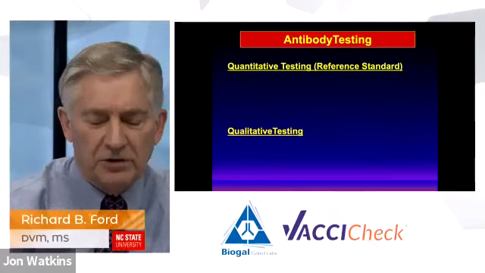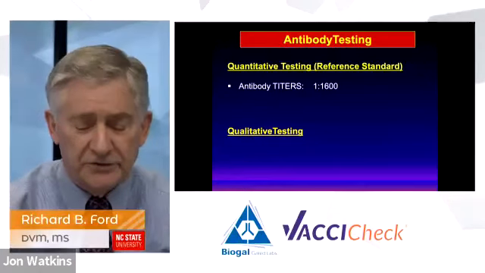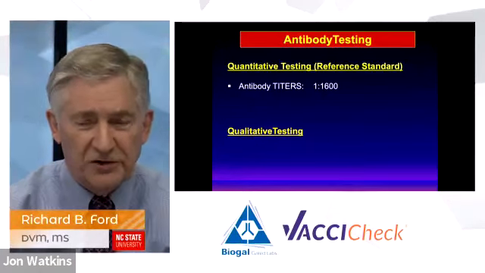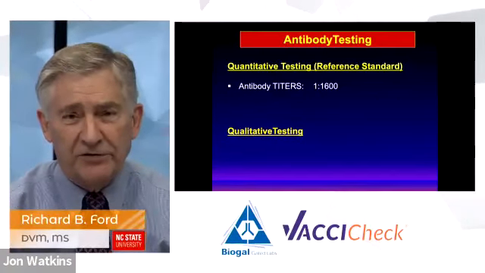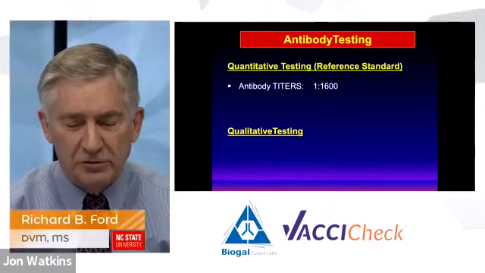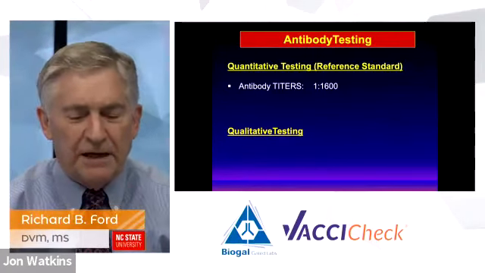When we refer to quantitative testing, we're actually talking antibody titers. This is a dilution of serum that is still capable of neutralizing virus. The higher the dilution, the greater the dilution, the higher the antibody titer.